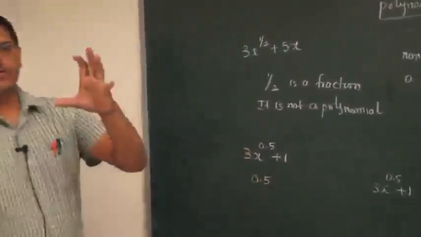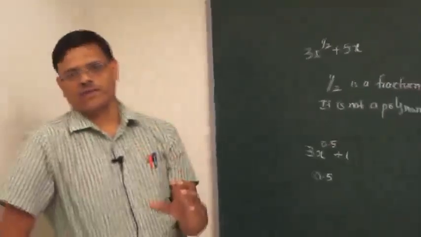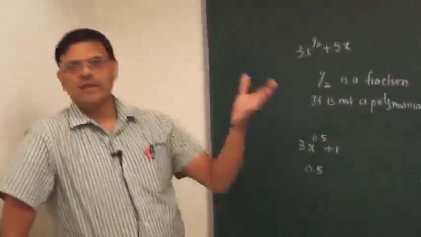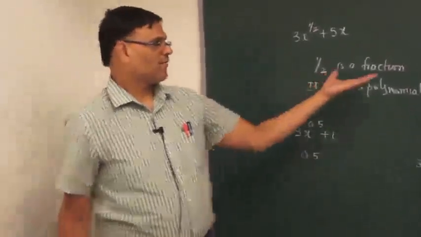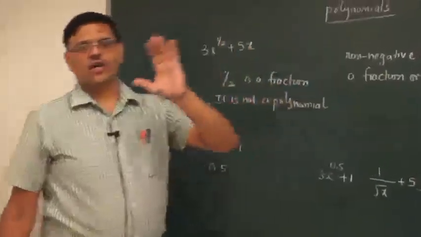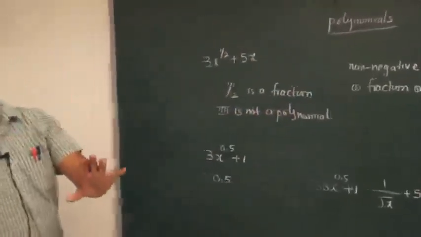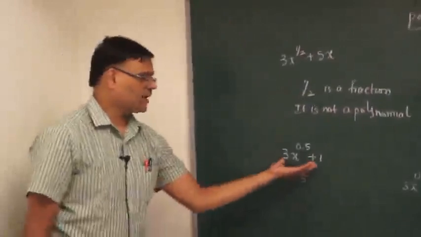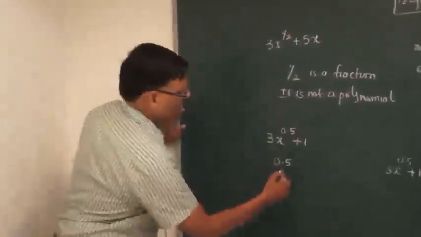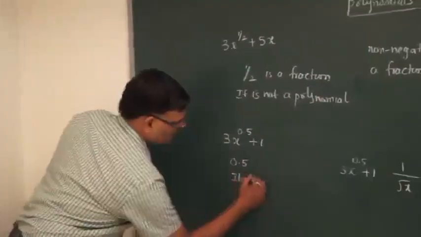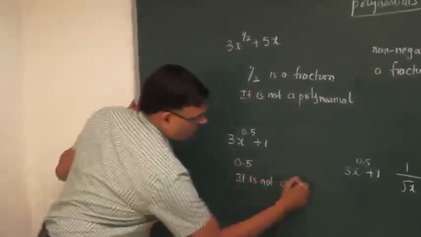So can you tell me, children, what 0.5 is? 0.5 is a decimal. If it is a polynomial, it should not contain a decimal either. Therefore 3x to the power of 0.5 plus 1 is not a polynomial.